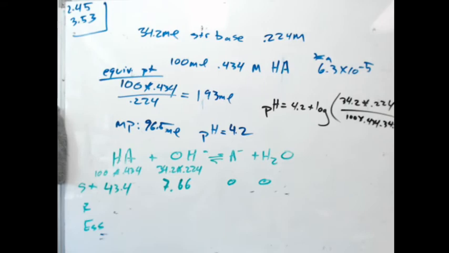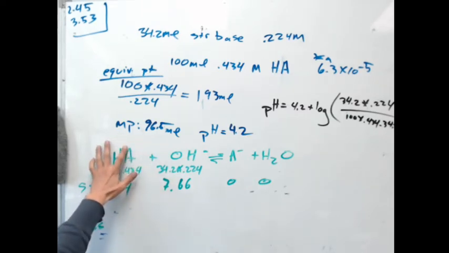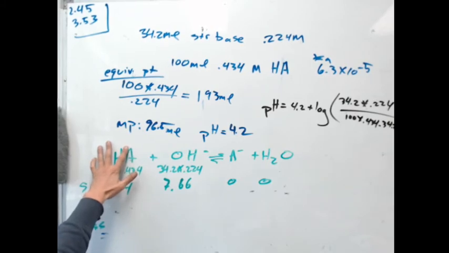So, if we use Henderson-Hasselbalch, we get 3.53. Okay. I was worried that I made the problem really bad for a minute. We're still in the buffer region. We didn't know how to do the buffer stuff when we did this problem, but notice just the logic of thinking about it, we technically didn't have to do the problem.